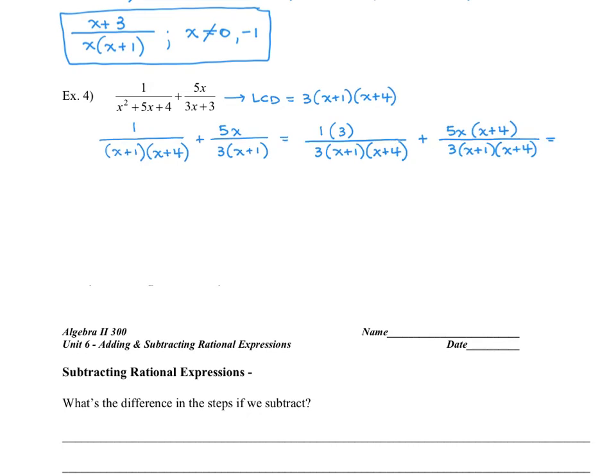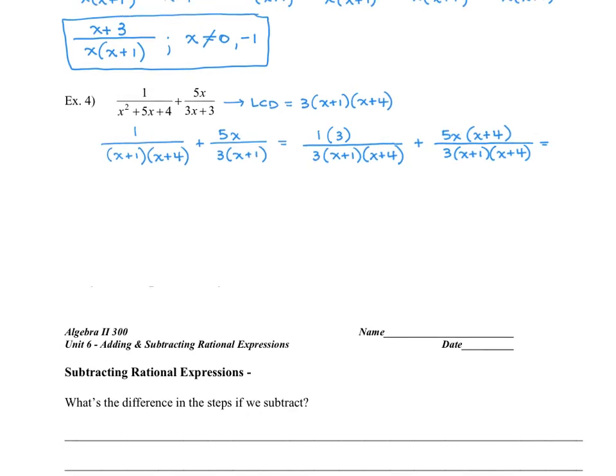Our next step is to simplify the numerators. So in the left-hand fraction, that simplifies to 3 over 3 times x plus 1 times x plus 4. And in the right-hand fraction, simplifies to 5x squared plus 20x over 3 times x plus 1 times x plus 4.